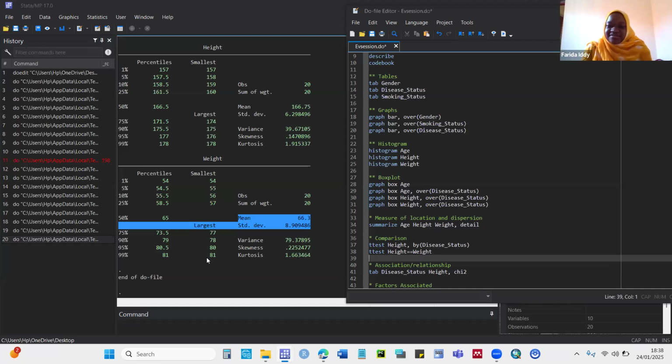But if we aim at decreasing, then our alternative hypothesis will be on the right side. And what do I mean by saying left side or right side?